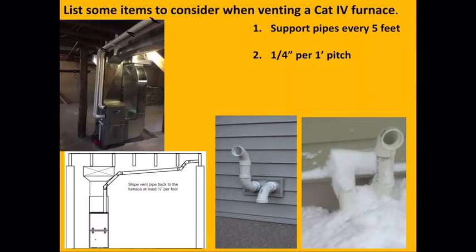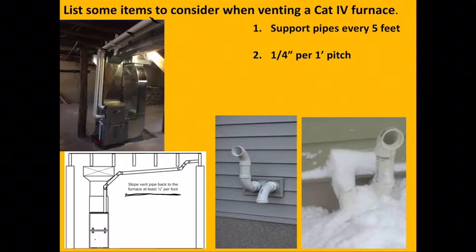Slope them back a quarter inch per foot as a general rule of pitching. You'll notice the slope in this picture is sloped back towards that furnace. Generally, that's the way most applications are, where the pipe is pitched back toward the furnace, and if you can go more, more power to you.